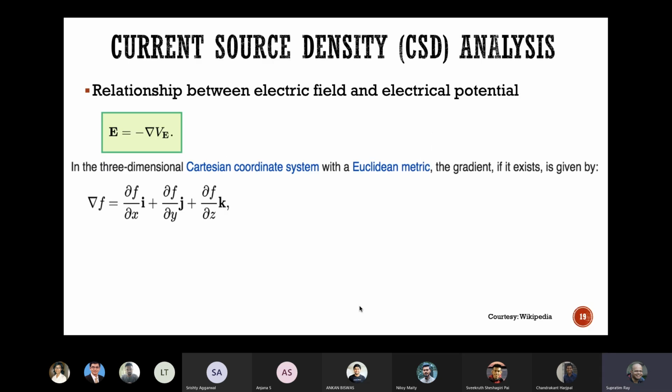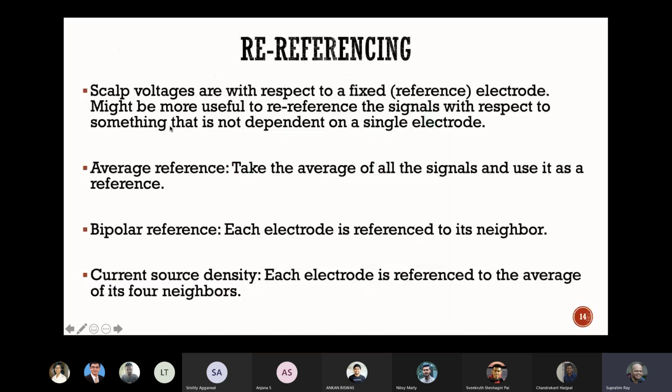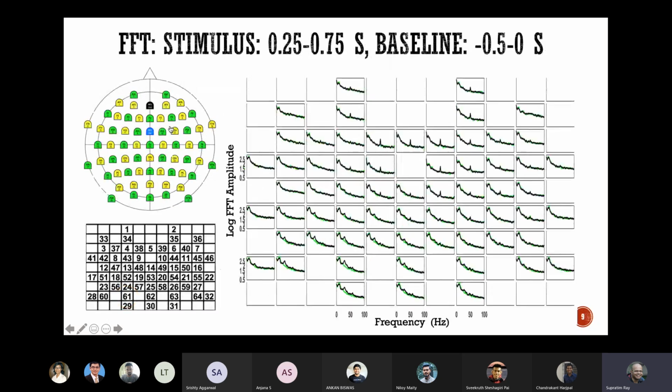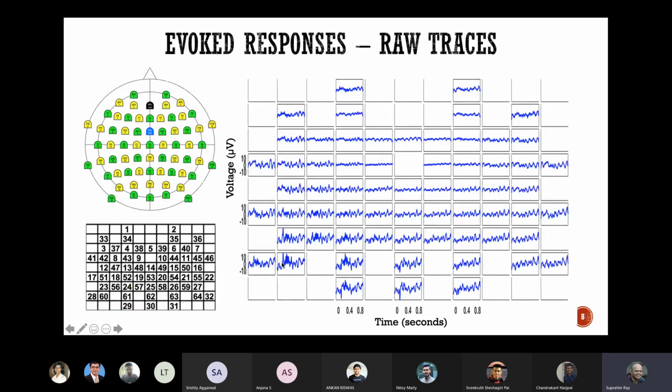So here's the idea. I have given you the voltage distribution on the scalp. Okay, so I've given you 64 time series data. They are all voltage traces, voltage as a function of time. Why is this voltage getting generated?